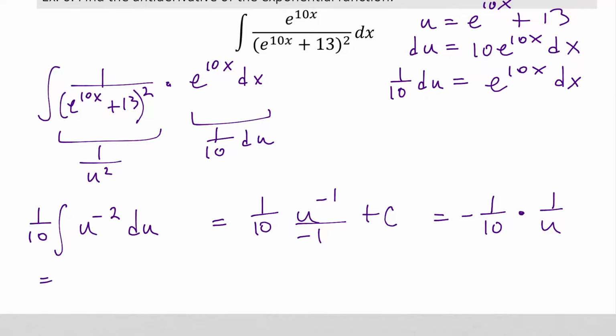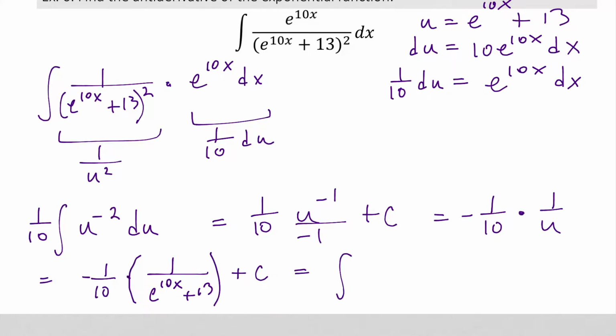So we get negative 1/10 times 1 over e to the 10x plus 13. All right, so that's there, plus c. Okay, so that's our integral there, and all of that is the integral of e to the 10x over e to the 10x plus 13 squared dx.